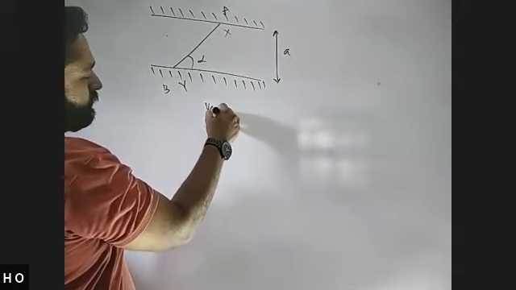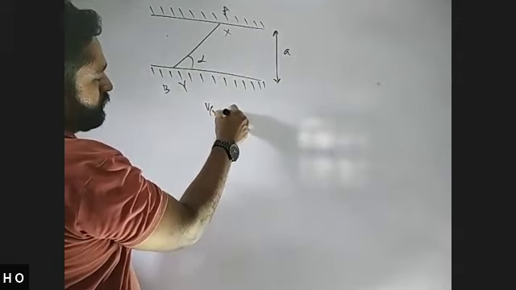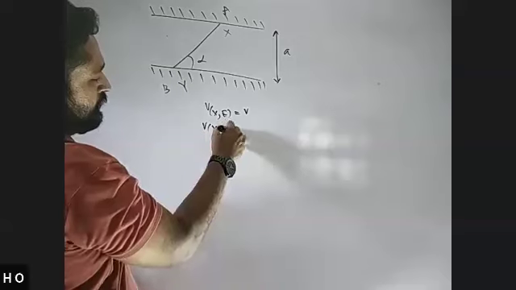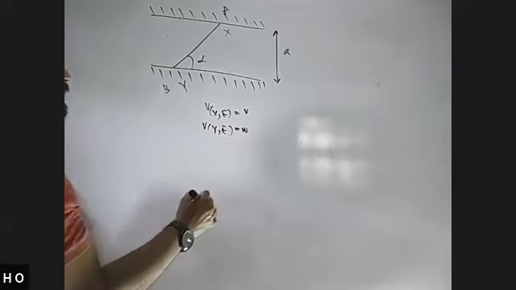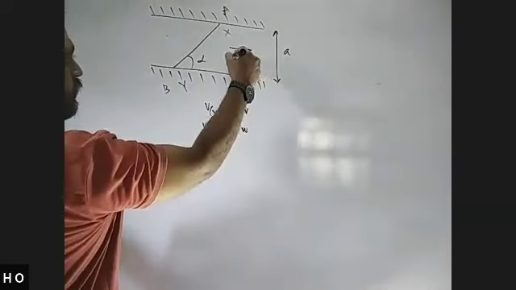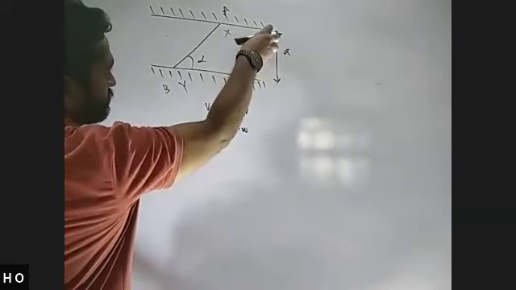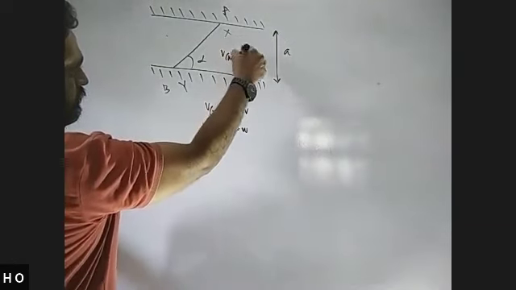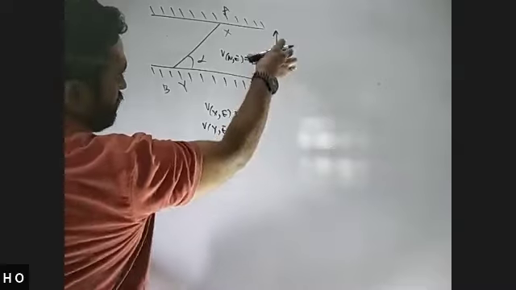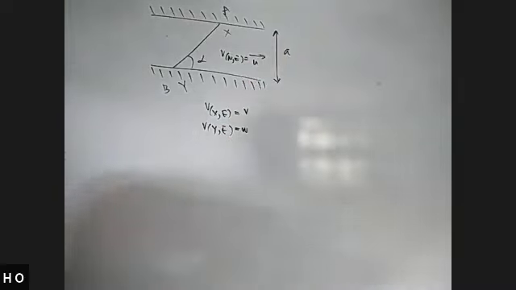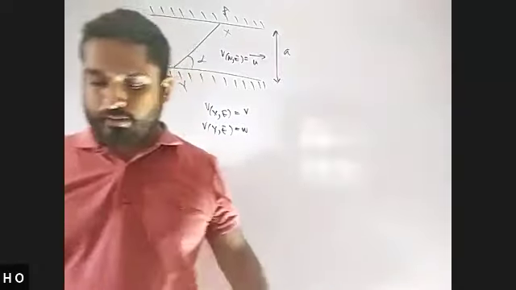The velocity of X relative to Earth is V. The velocity of Y relative to Earth is W. Before everything, let us mark U as the velocity of water relative to Earth. It doesn't matter if you mark it in the other direction.